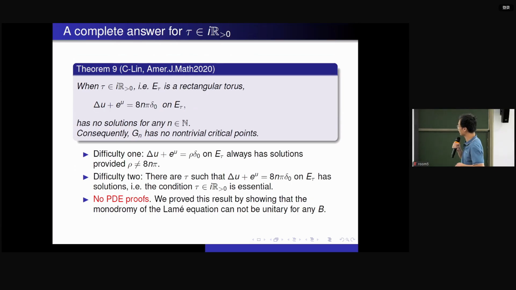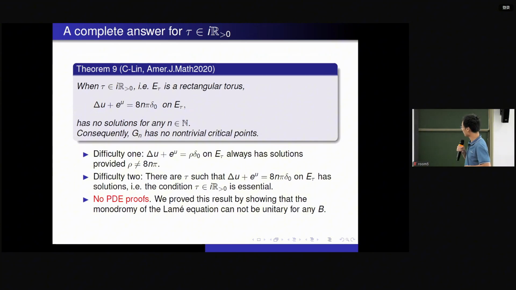So far we cannot give a PDE proof of this result. We proved this result by showing that the monodromy of the Lamé equation cannot be unitary for any b, as long as tau is purely imaginary. So we need to apply the connection between this PDE and the Lamé equation.